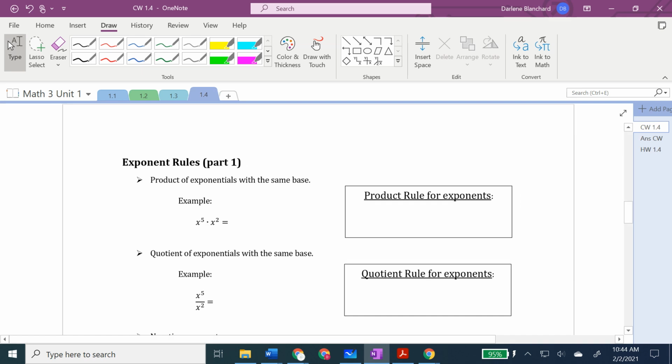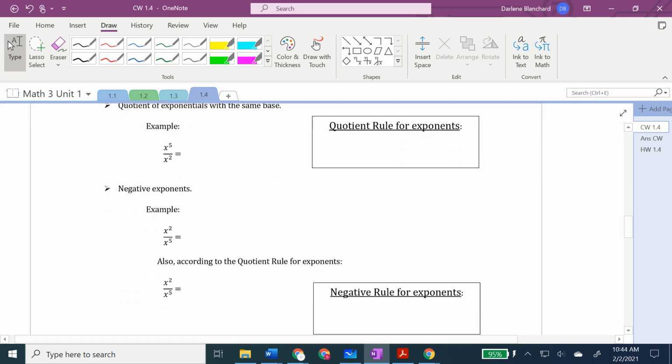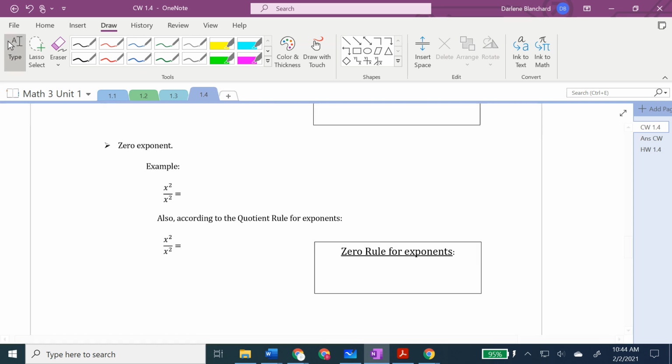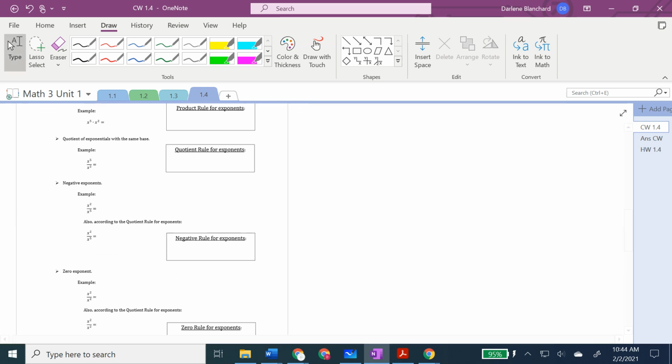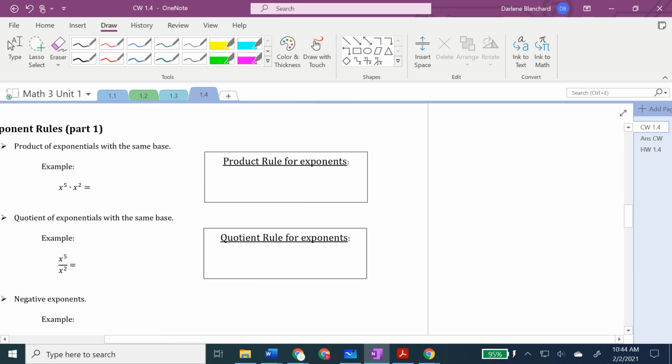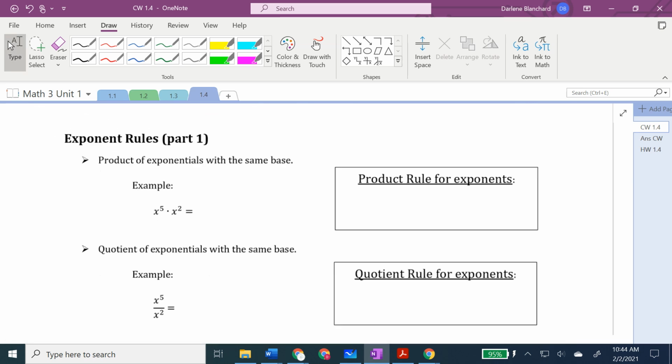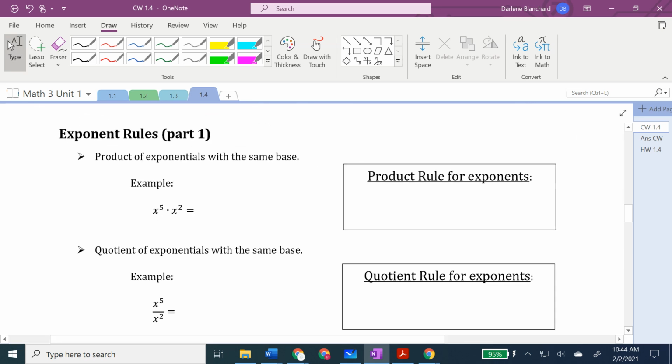I want to make sure that you understand these 4 rules. You're going to have to spend some asynchronous time, either stay through lunch or watch the recording later.